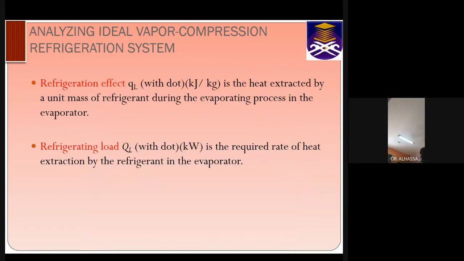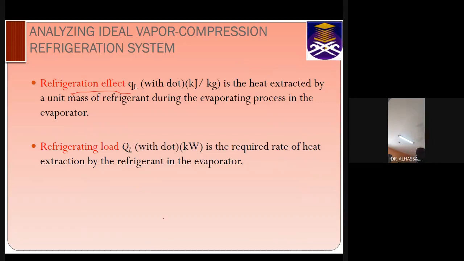So now, let us look at some various definitions. When you say refrigeration effect, sometimes you can be asked to determine the refrigeration effect, or you can be told that a refrigeration cycle is being operated in such a way that you are asked to determine it.